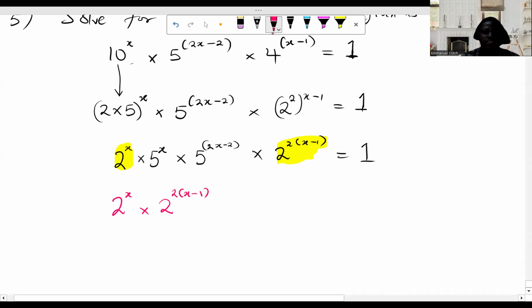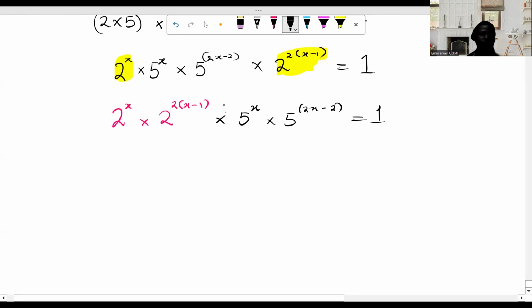Then I'll bring the ones with base 5 together: 5 to the power of x times 5 to the power of 2x minus 2, plus 1.